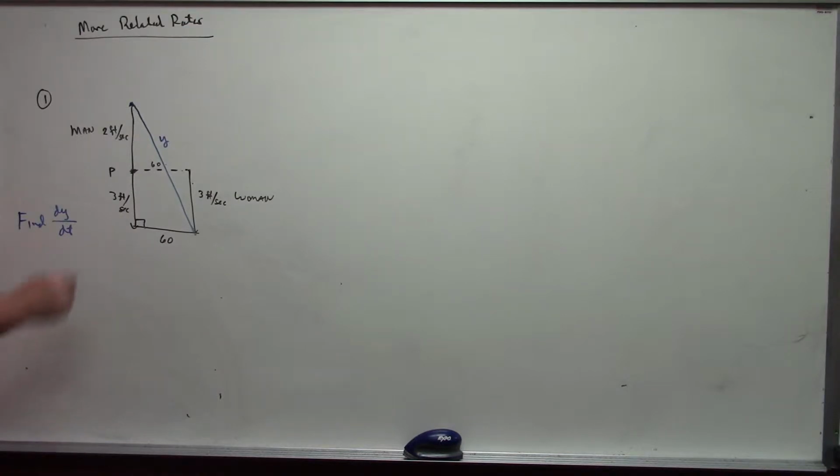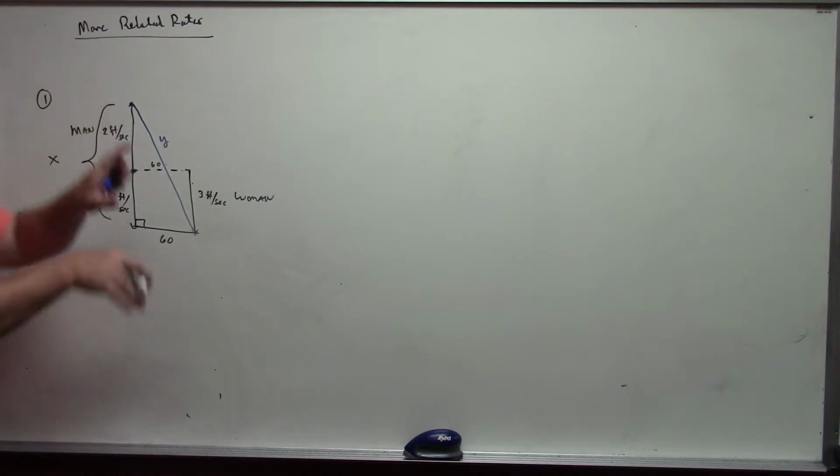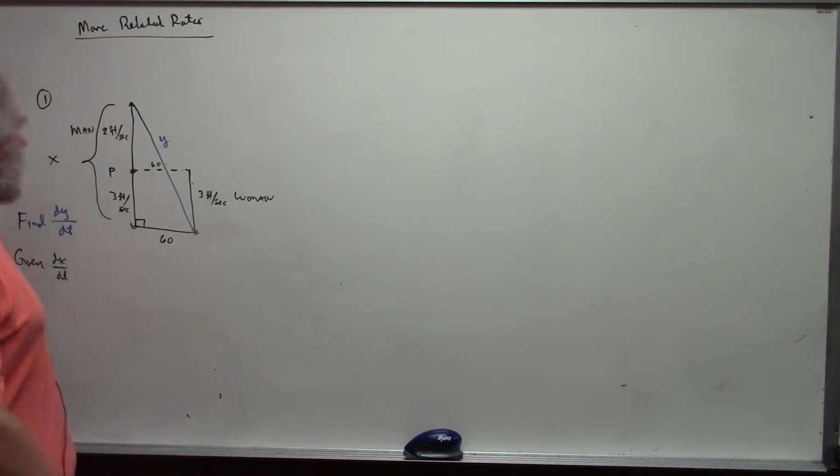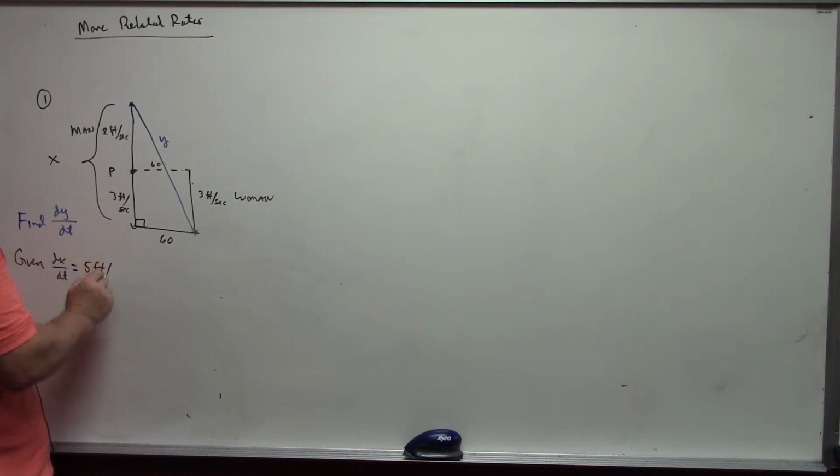And if we think of this entire distance here as x, then I am given dx/dt, because they're walking completely opposite of each other, dx/dt is going to be 5 feet per second.